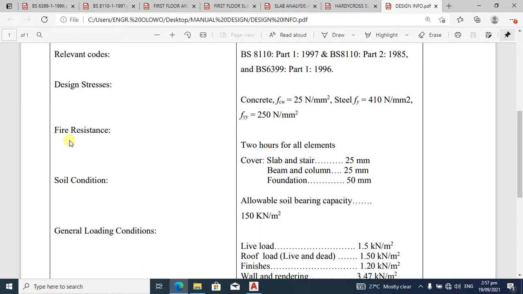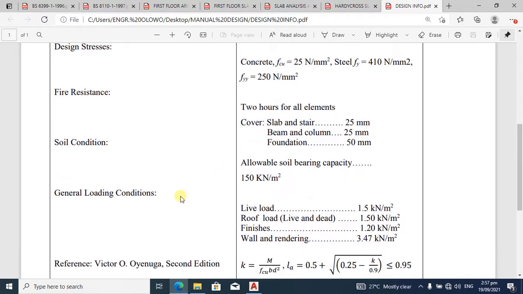This is the fire resistance. So in this case, we are going to consider 2 hours for all the structural elements. Also, what is the soil condition? In this case, we are going to consider our soil bearing capacity to be 150 kilonewton per meter square.